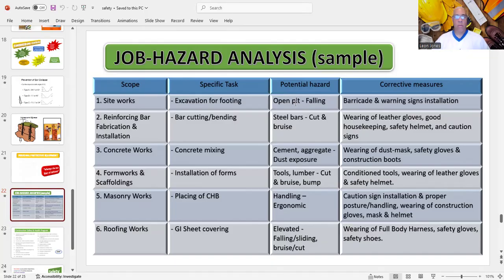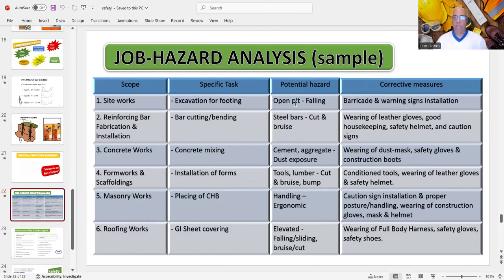Another scope, reinforcing bar fabrication and installation, specific task, bar cutting and bending. Then you have steel bars. And what could happen when you are cutting steel? You get cuts and bruises. So, what's my measure? Definitely wear leather gloves.